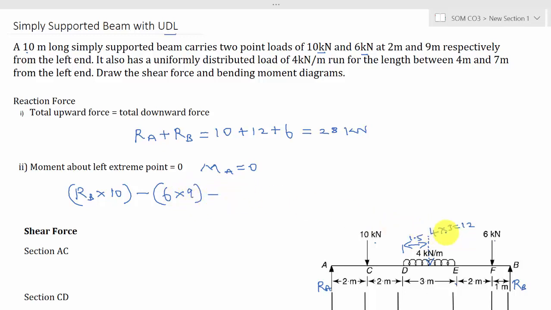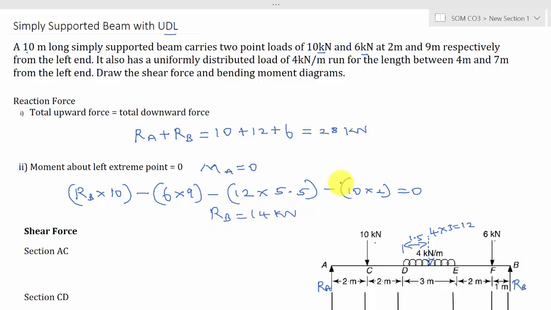Then minus the uniformly distributed load, magnitude 12, into the distance, which is 2 plus 2, that is 4, plus 1.5. So it is 12 into 5.5, then minus 10 into 2, that is equal to 0. If we solve this equation, we get RB is equal to 14 kilonewton.